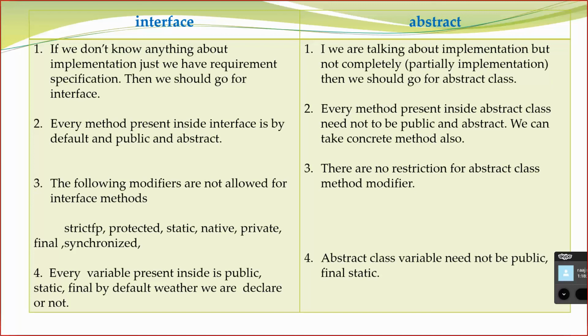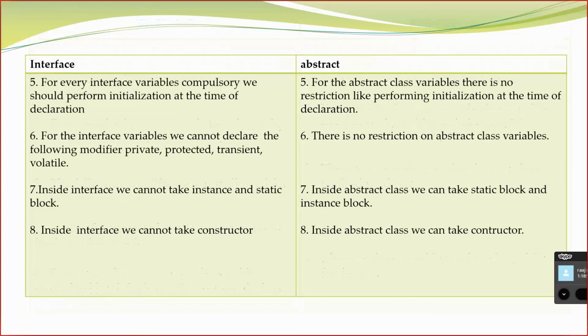Abstract class variables need not be public static final like in interfaces. You can define them as anything. If you don't define a modifier, the scope is default. Interface variables are final, which means we have to initialize them.